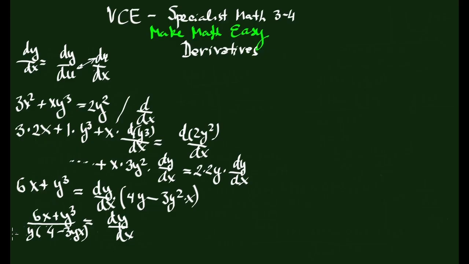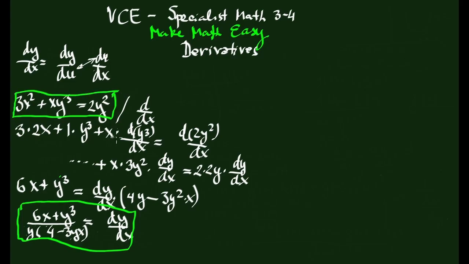So we can take a different color for it. That's our result of differentiating that bit there using the chain rule, and it's called implicit differentiation.